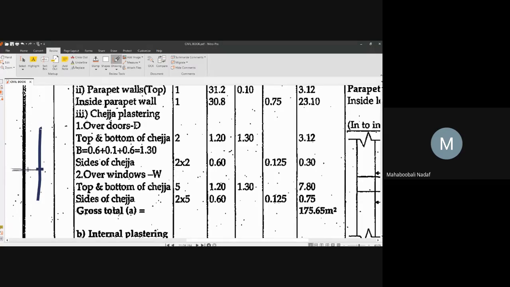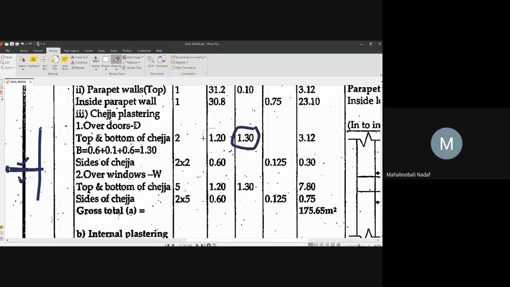Top is 0.6, bottom is also 0.6, and this is 0.1. So 0.6 plus 0.6 plus 0.1 is 1.3. That 1.3 is written here.